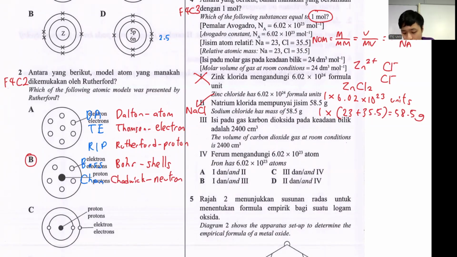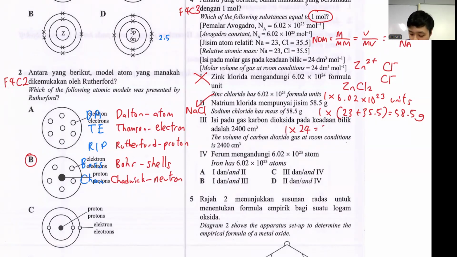Third, the volume of carbon dioxide gas at room condition is 2,400 cm cube. Again, if you want to get volume, you use number of mole multiply molar volume. So it is 1 multiplied by molar volume, which is 24, but the molar volume is in dm cube.